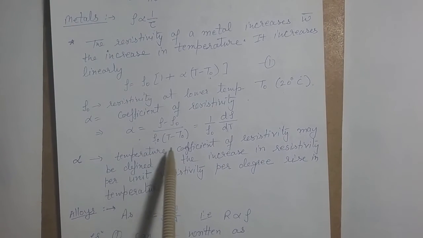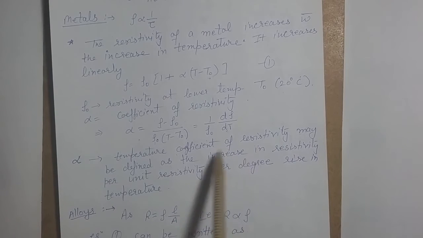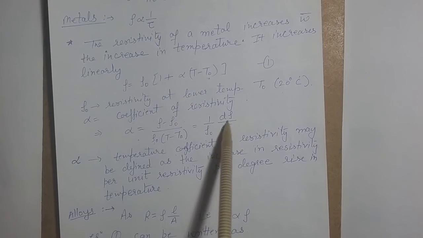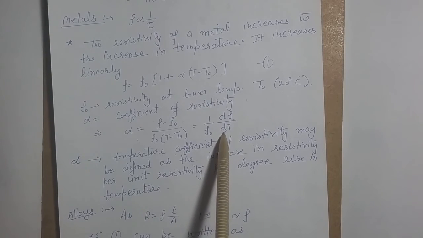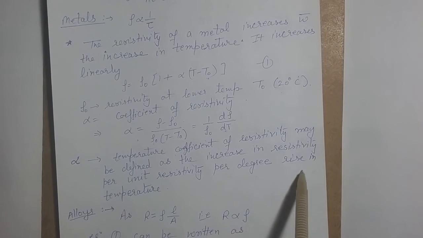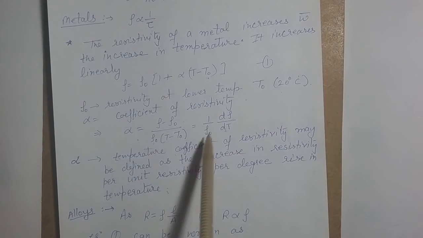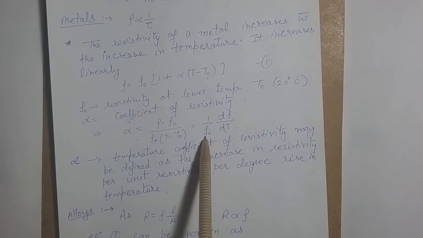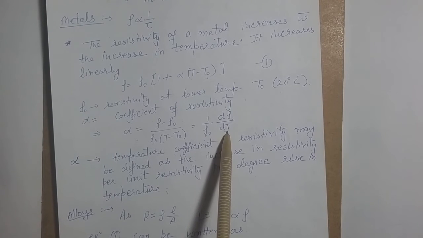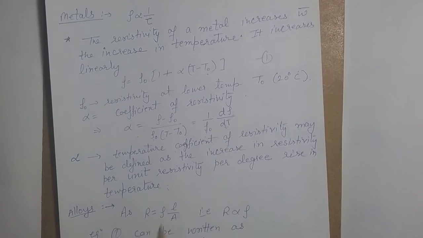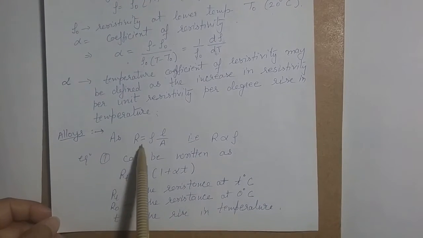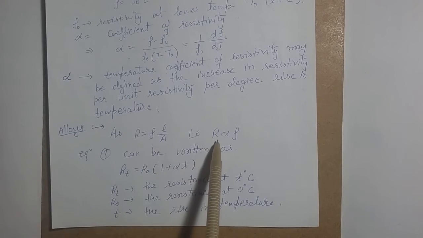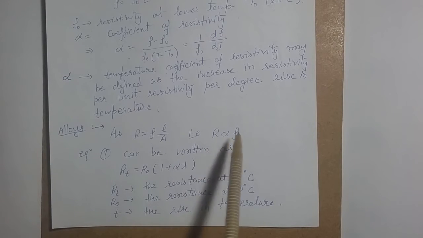Now this temperature coefficient of resistivity can also be defined as the increase in resistivity per unit resistivity per degree rise in temperature. So it is the change in resistivity per unit resistivity with the change in temperature. For alloys, resistance and resistivity are proportional to each other.